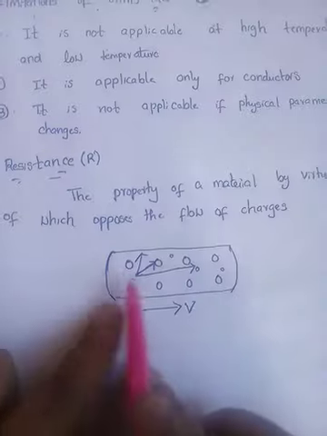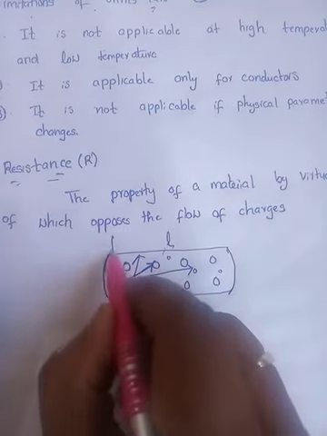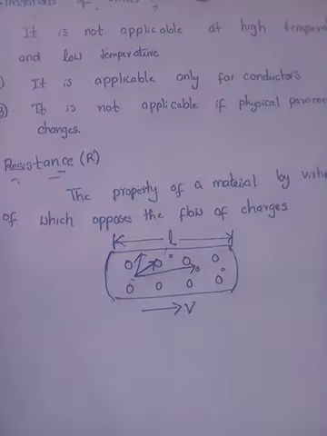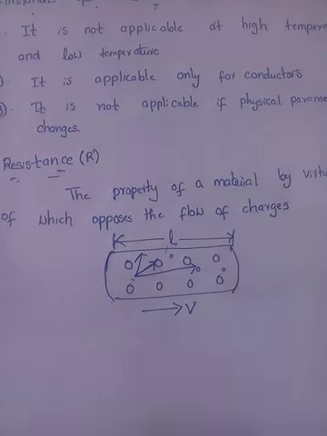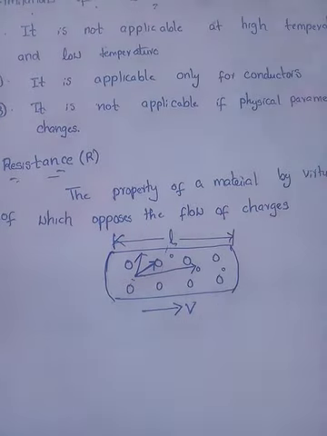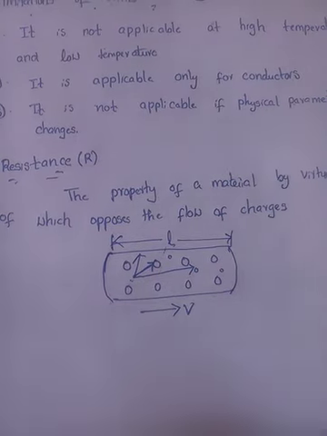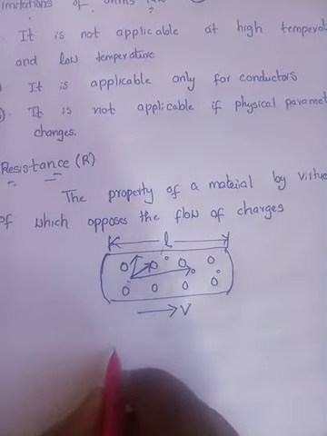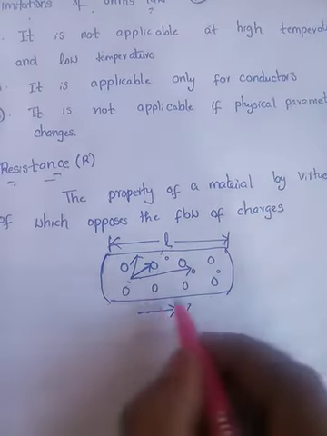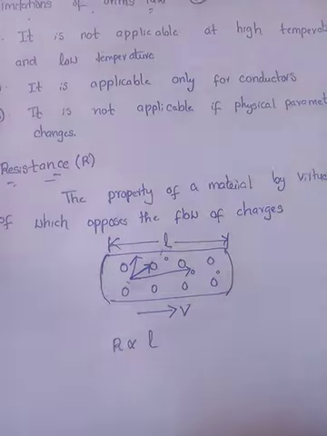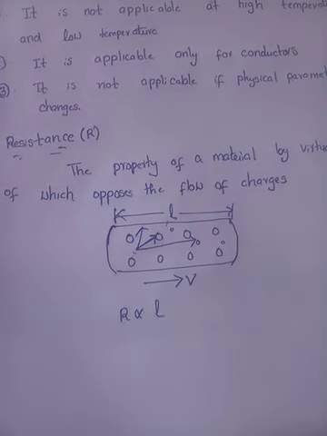Now if the length of this conductor is increased, what happens? The number of electrons also increases. If the number of free electrons increases, the probability of collision of electrons with other electrons also increases. So we can say that if length increases, the collisions will increase, so resistance increases. So resistance is directly proportional to length.